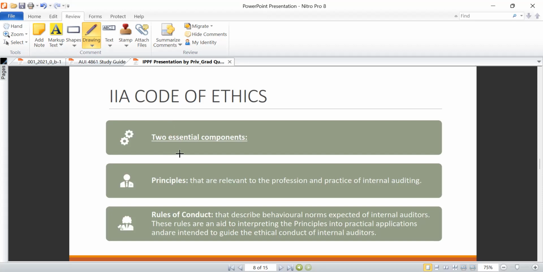And the rules of conduct are the specifics of the principles that have to be observed in the process of performing our internal audit responsibilities or assignments. So it's very, very important to know the principles and the rules of conduct.